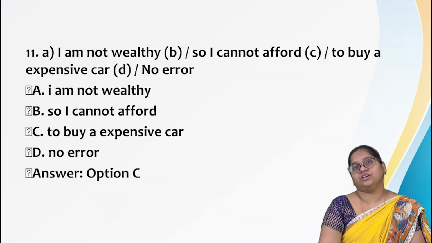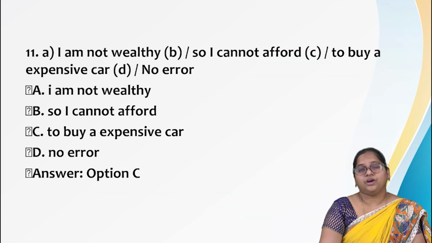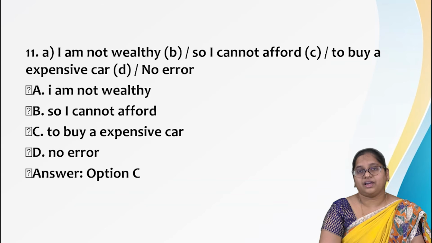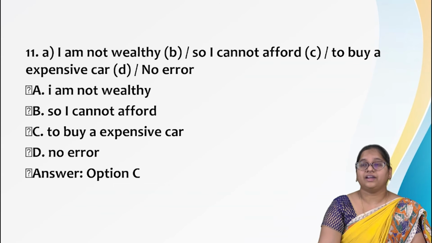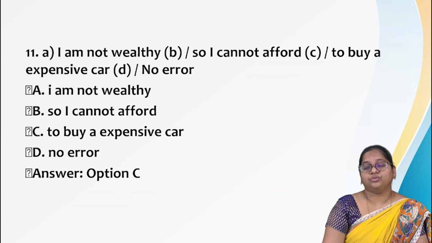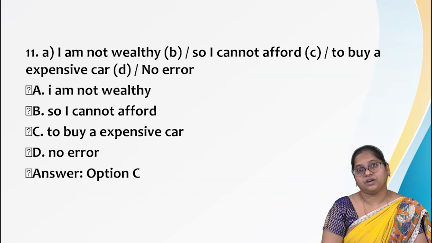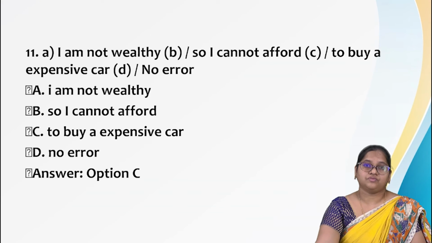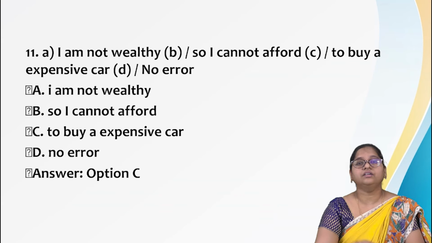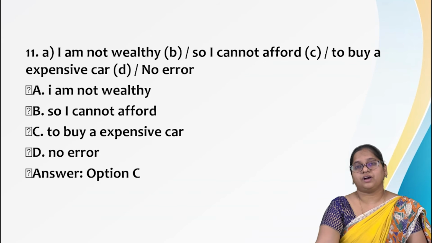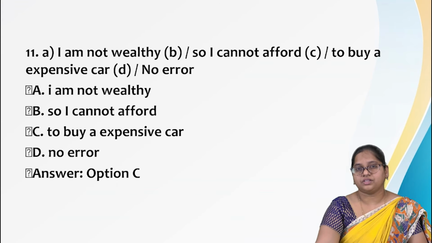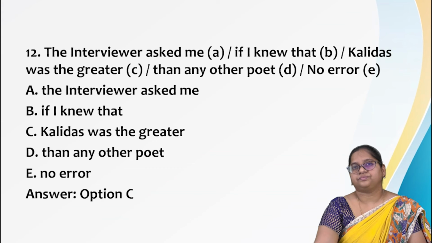An expensive car. You have to use an indefinite article, and you take "an" before a vowel sound as in expensive car. So "an" comes first. That's why to buy a expensive car is wrong, and to buy an expensive car is right. So you can choose that.